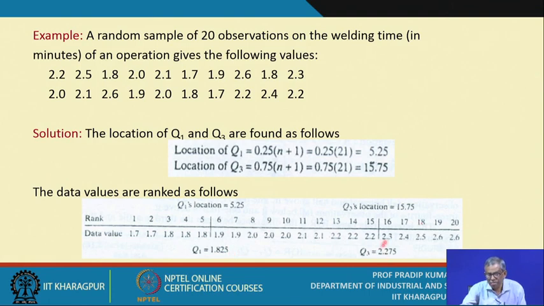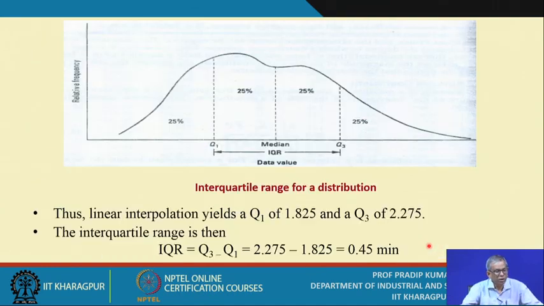Similarly, the location of Q3 is at rank 15.75, which is near 16, and the corresponding value we can compute is 2.275. By following this simple rule, you can now determine the interquartile range, which is a measure of dispersion.